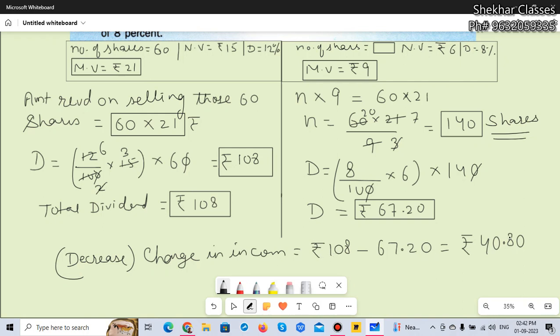That comes to 40 rupees and 80 paise. So this is what he has got less. Basically he was earning this much as a dividend from the first company. Now he's earning 67 rupees 20 paise, which is less than the previous one by 40 rupees and 80 paise. So basically there is a decrease in the income. The change in income is a decrease in the income, and this is the answer. Okay?